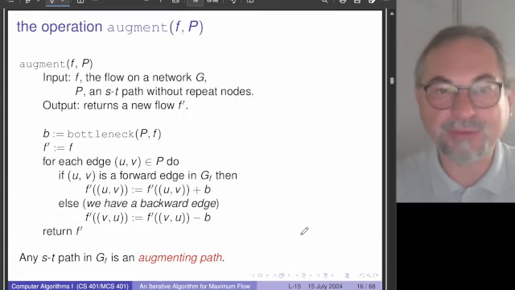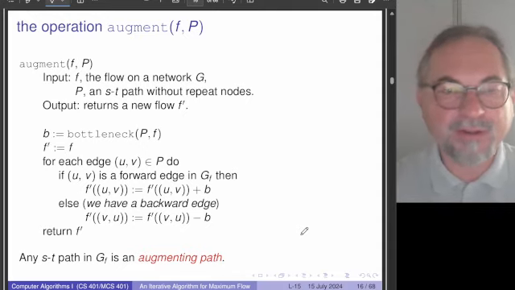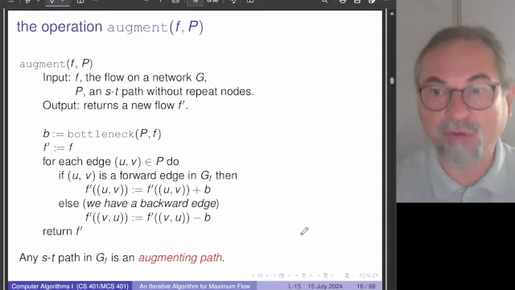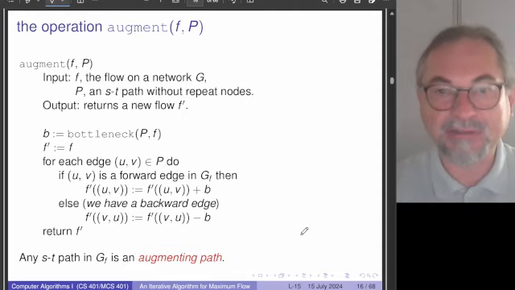So here is an important subroutine. Given a flow and a path, we compute the bottleneck using the smallest residual capacities in the residual graph.